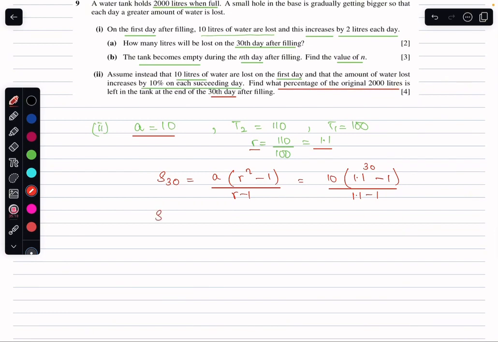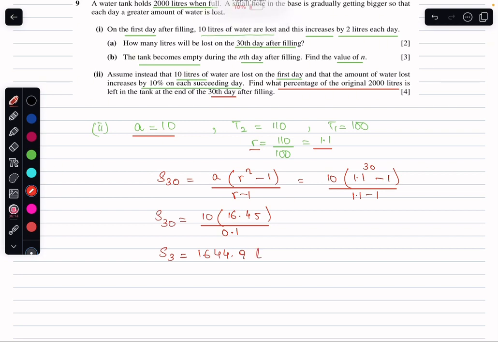Or I can say S of 30 equals 10 times 1.1 to the power 30 minus 1, which is 16.45, divided by 1.1 minus 1, that gives me 0.1 here. So S of 30 then is going to be 1644.9 liters.